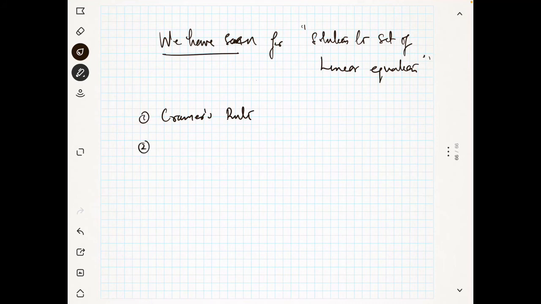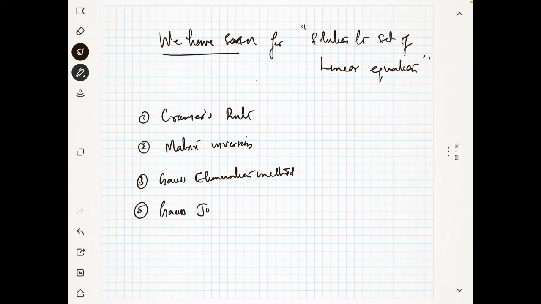Then we have seen another method, which is the matrix inversion. Then we have seen the Gauss elimination method. Then we have seen the Gauss-Jordan method. So these are the methods we have discussed, and all these methods come under direct methods.